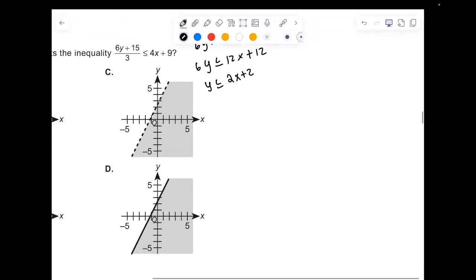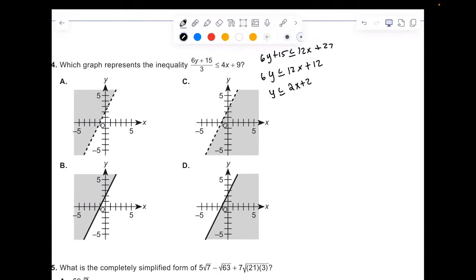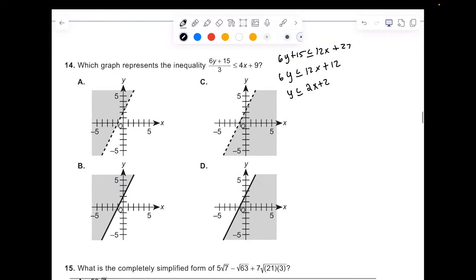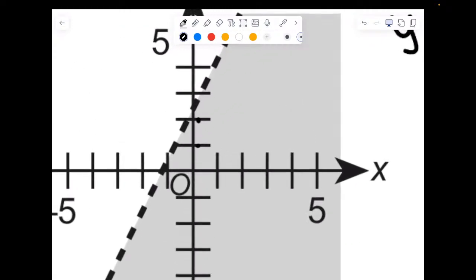Okay, so let's find that. First, we know it intersects at positive 2. 1, 2. This one does intersect there. 1, 2. That to me looks like 2.5. I'm not crazy, am I?